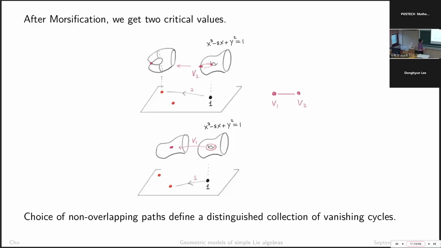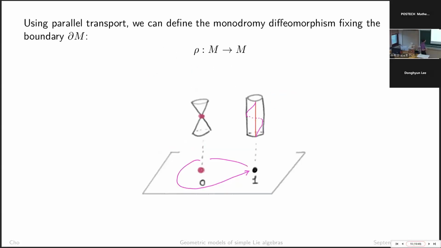Okay. Now, another thing we need to know is the monodromy. So there is a regular value and there is a singular value. Instead of going to the singularity, you can just walk around the singularity. And using the parallel transport, you can see what happens.